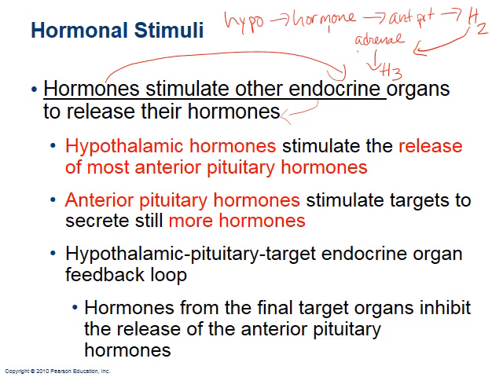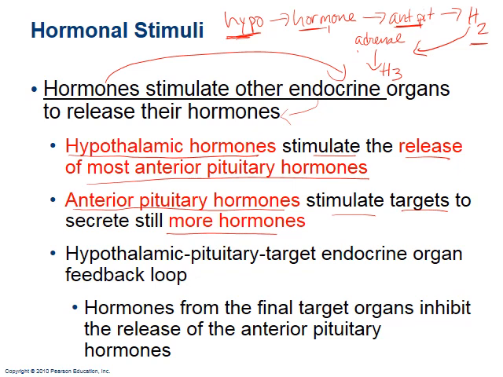So again, you see kind of this cascade or domino effect of one hormone telling another organ to release another hormone. So they call them hypothalamic hormones, stimulate the release of most anterior pituitary hormones. So you're usually going to have a hypothalamus hormone that's going to dictate to the anterior pituitary which hormones to release. Anterior pituitary hormones will stimulate targets to secrete more hormones. We'll see this pattern as we move through.